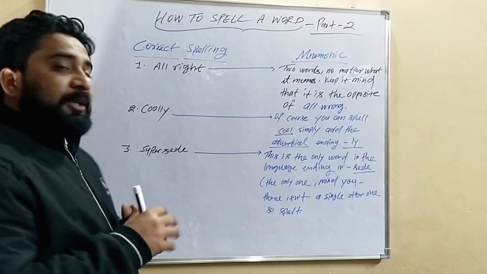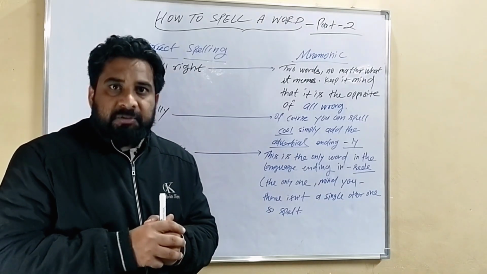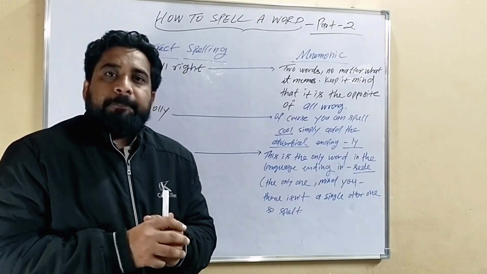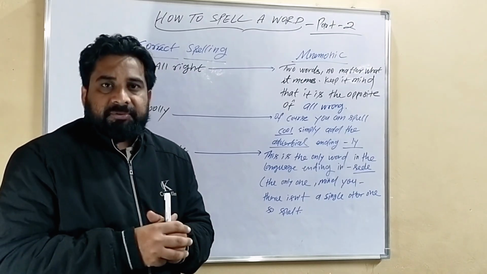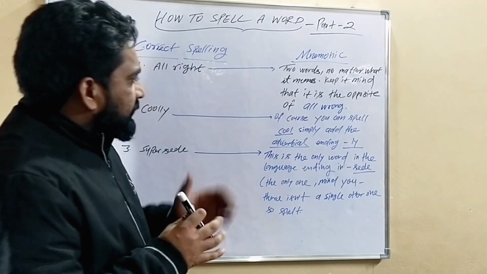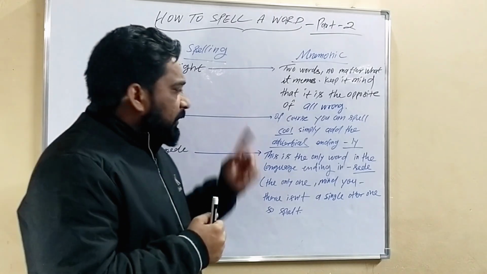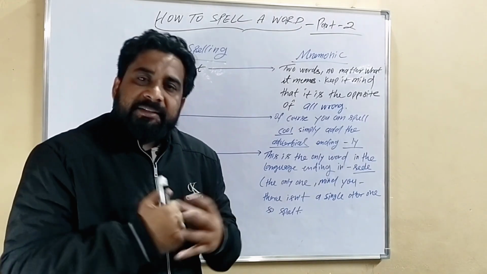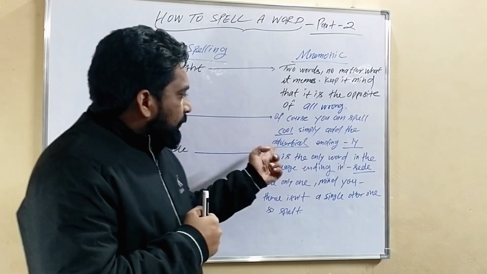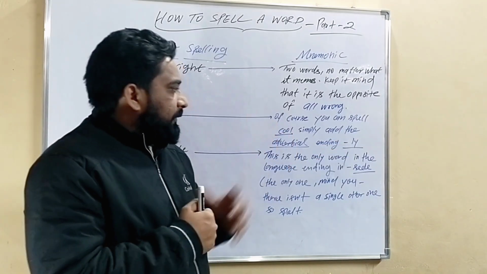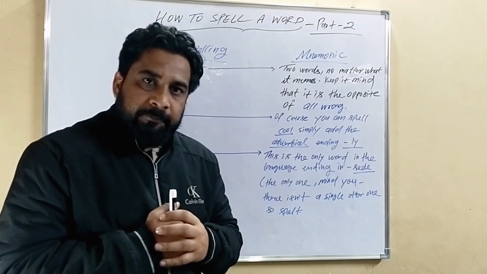Its meaning is to be cool. There is no need to become excited. It means to show you are generous. Of course, we can spell cool because it is an adjective. And when we add the adverbial suffix ly to cool, it becomes coolly.